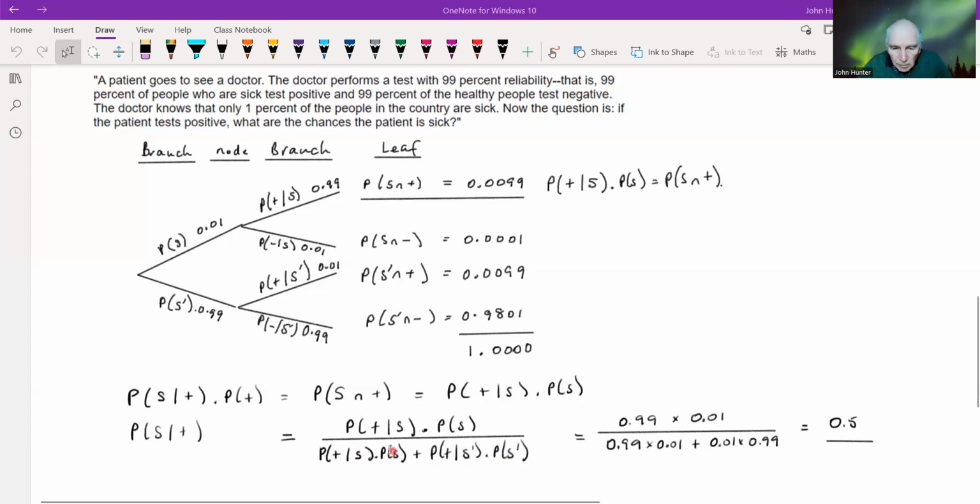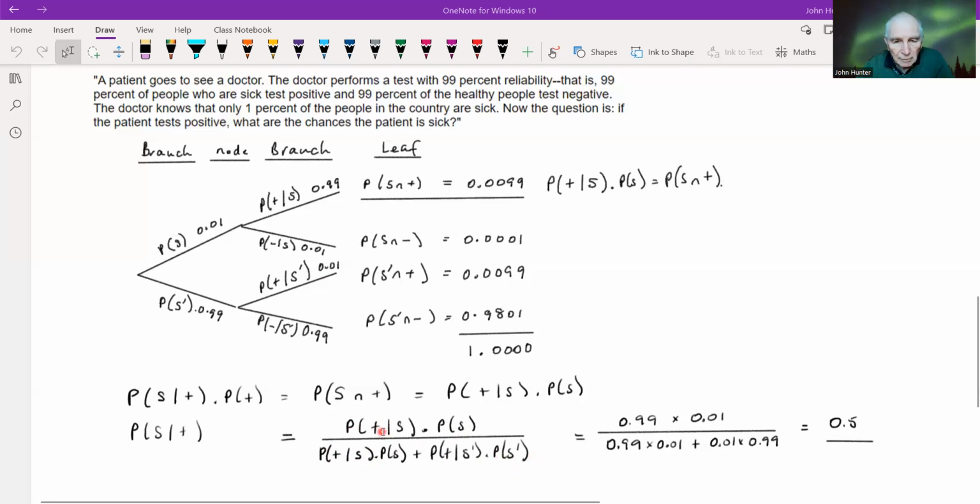Recall that the first term on the denominator is the same as the numerator, and then we've got the other case again.